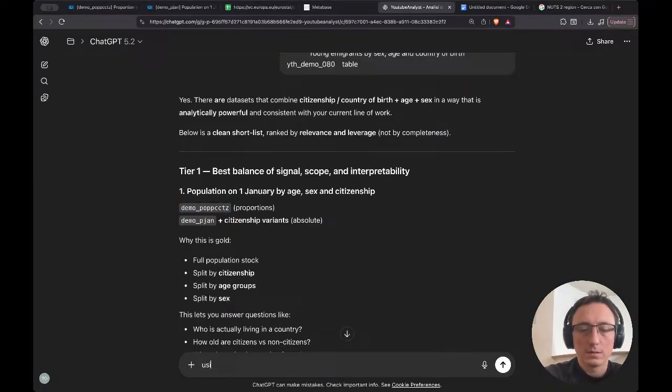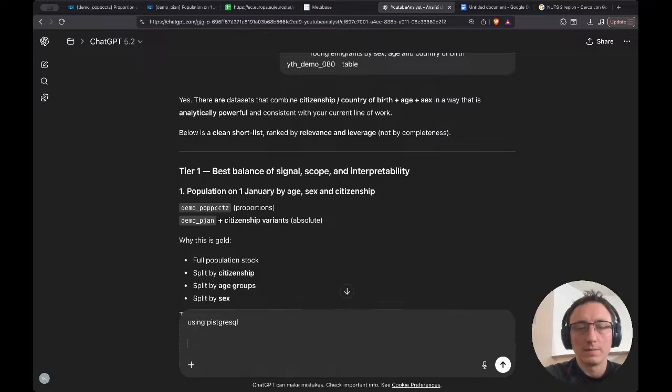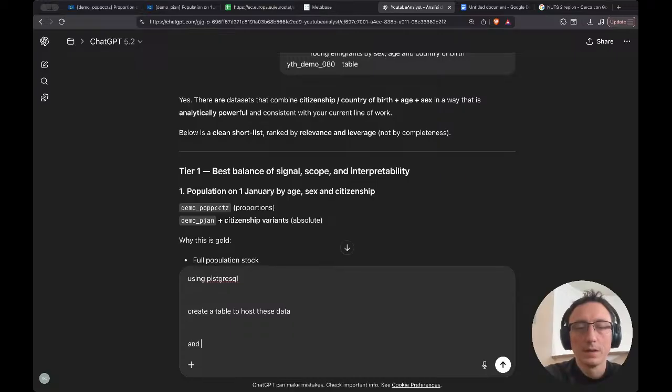Using PostgreSQL, create a table to host this data, and then give me a command to load the file directly into the table.